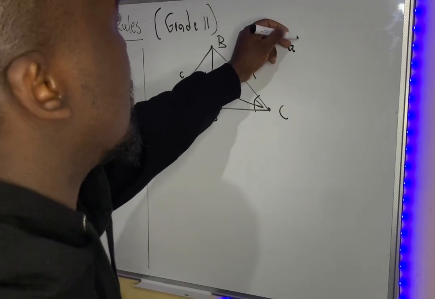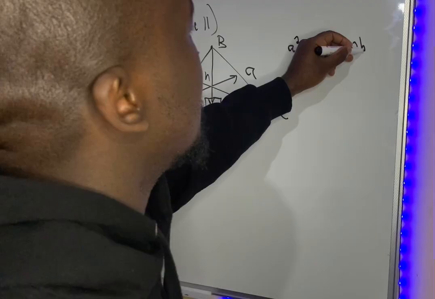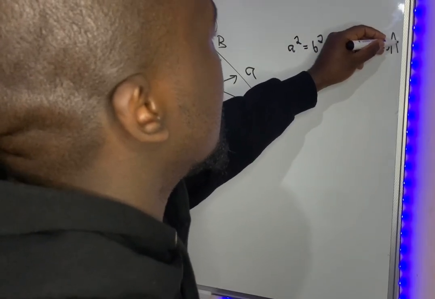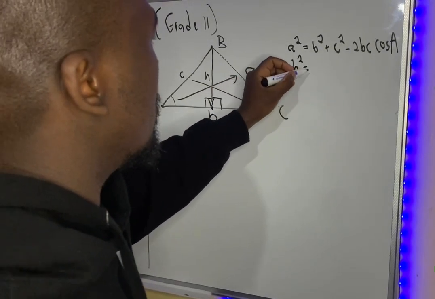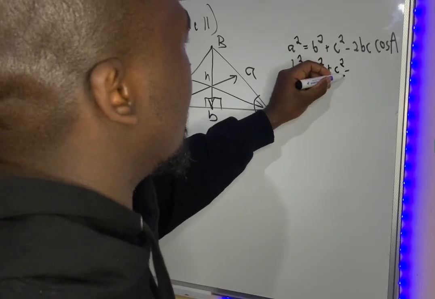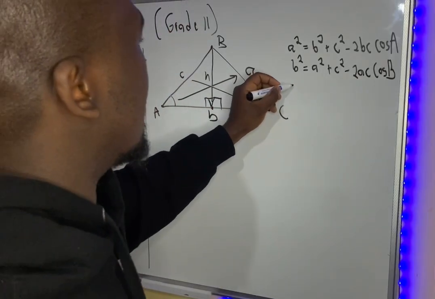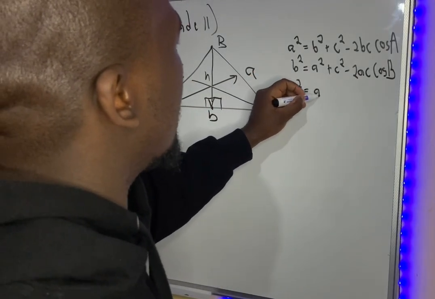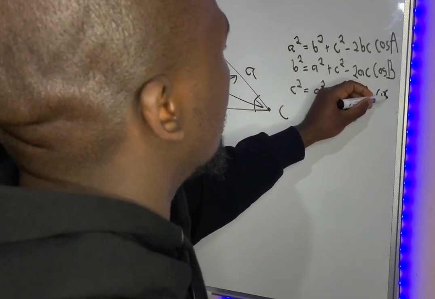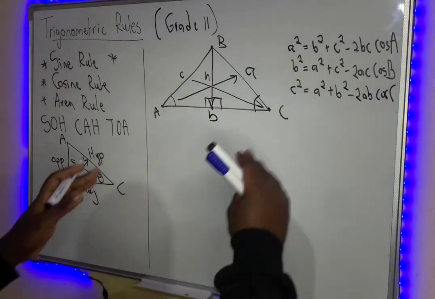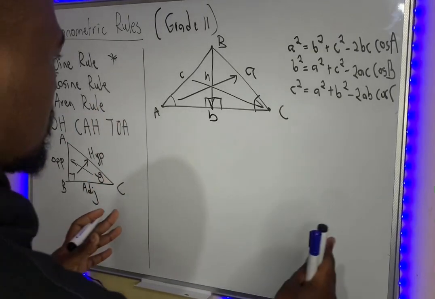It states that a squared is equal to b squared plus c squared minus 2bc cos A. We can also write that as b squared equals a squared plus c squared minus 2ac cos B. We can also write it as c squared equals a squared plus b squared minus 2ab cos C. This one might take a lot of space here. We'll try by all means to cover everything in this small space.